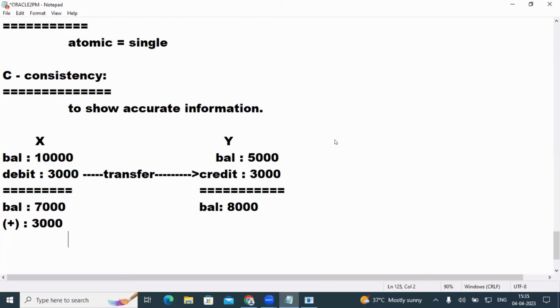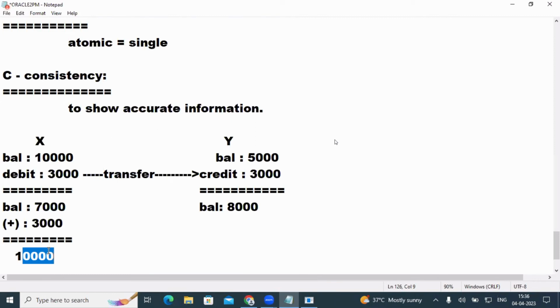So 7,000 plus 3,000 equals how much? 10,000. So my balance amount is 10,000, 10,000, 10,000. It has consistency, accuracy. There is no confusion now. Exact information. This is called consistency, to maintain like this.